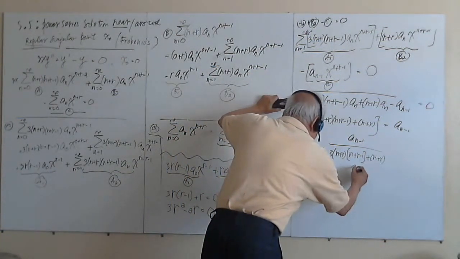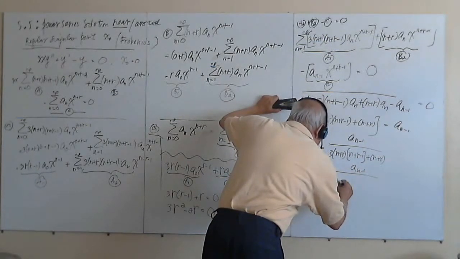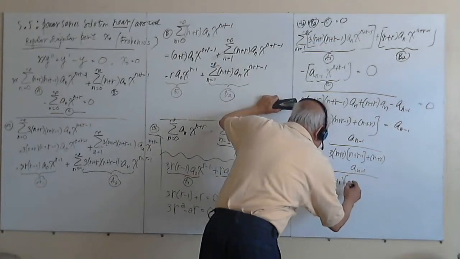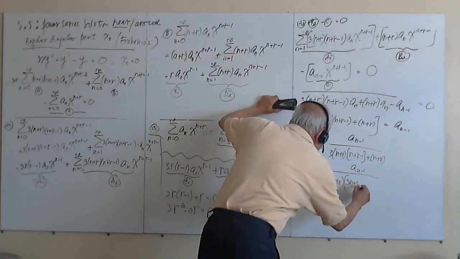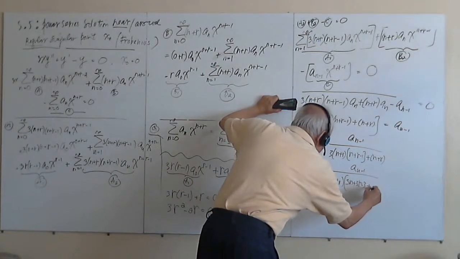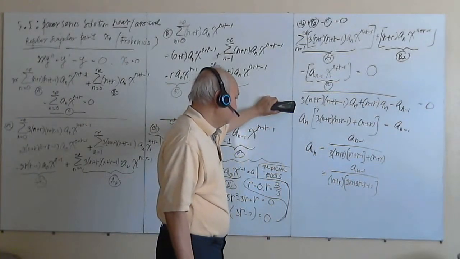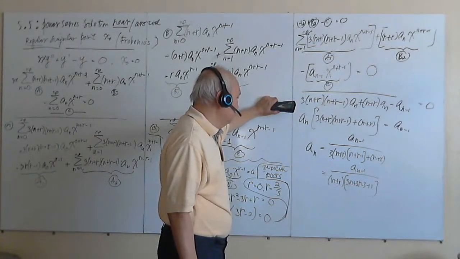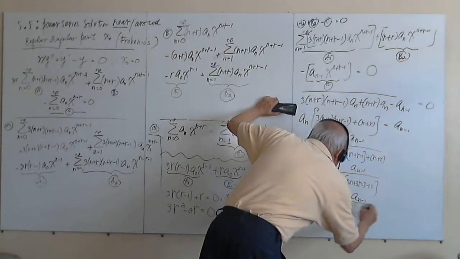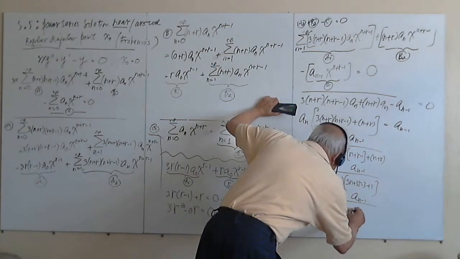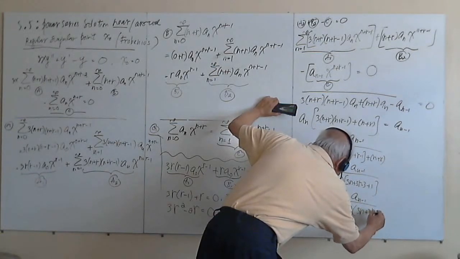So it's going to be a n minus 1 divided by n plus r, and then 3n plus 3r minus 3 plus 1, which is 3n plus 3r minus 2.